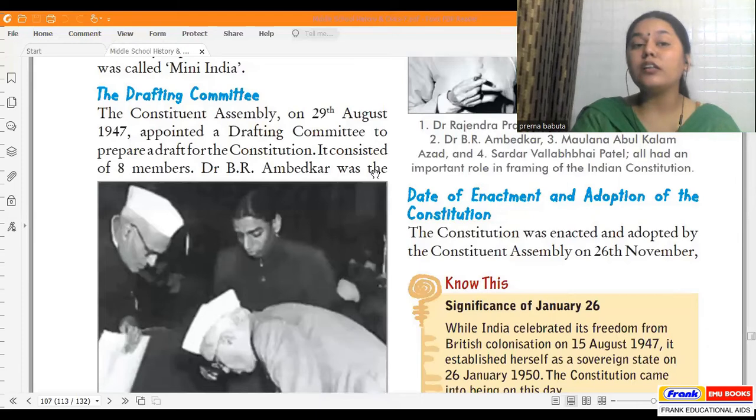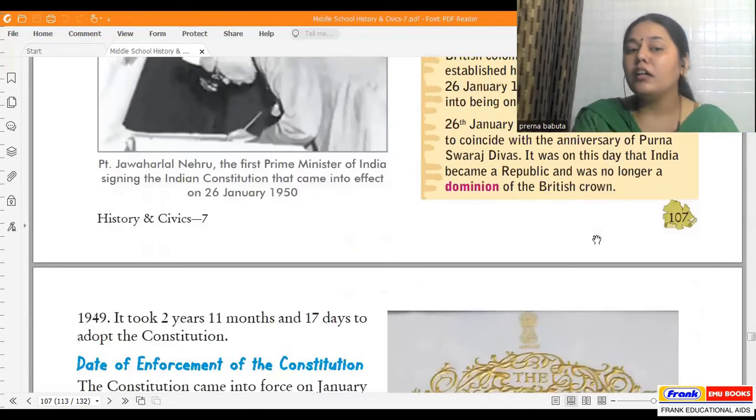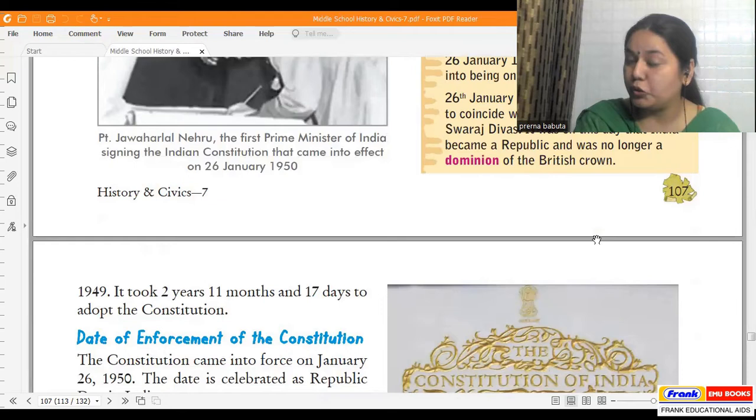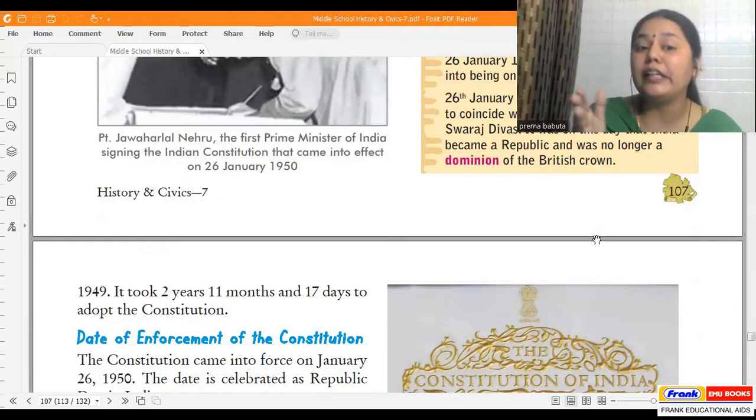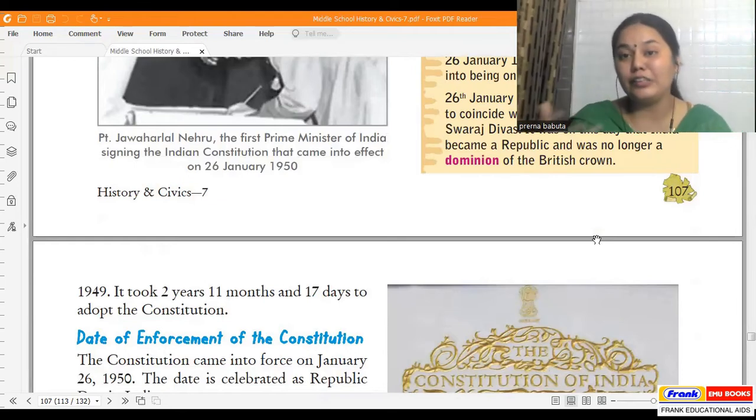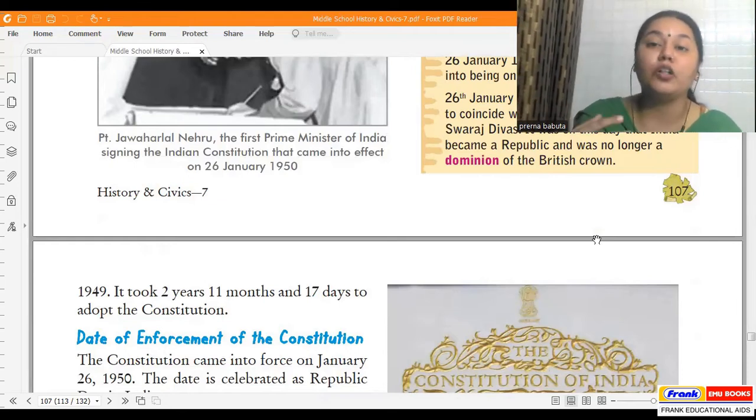So some other important dates. On 29th August 1947, the drafting committee came into existence, and after the constitution was prepared, on 26th November 1949, the constitution was adopted, and it took almost 2 years, 11 months and 17 days to adopt the constitution.